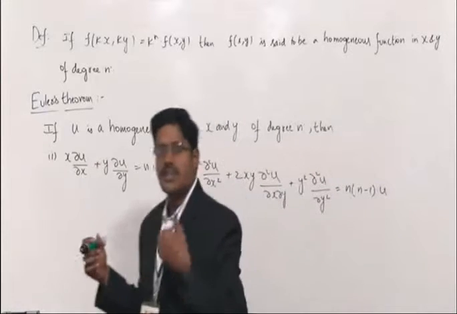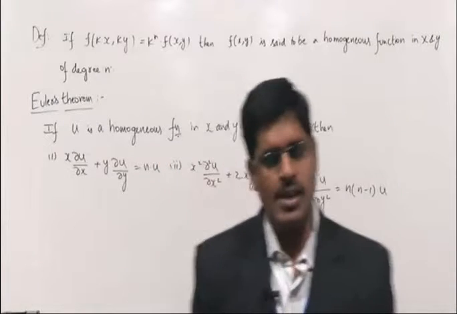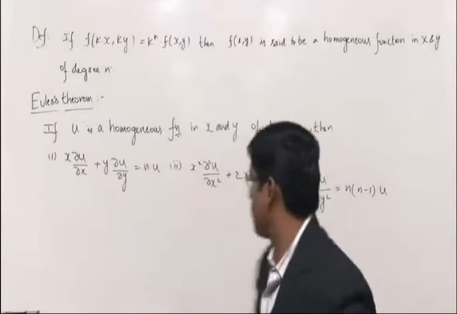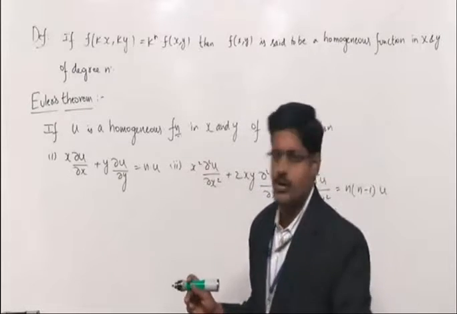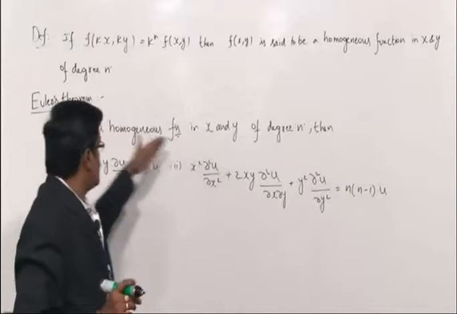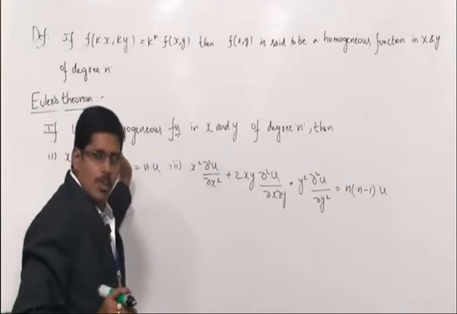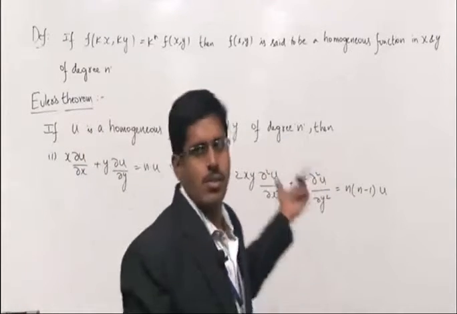Similarly, for the third derivative, it looks like the binomial theorem, a plus b raised to 1, a plus b whole square, a square plus 2ab plus b square, just the coefficients like that, Pascal's triangle, a plus b whole cube. Now the same Euler's theorem is also true whenever it is a homogeneous function in x, y, z, any number of independent variables. This result holds.